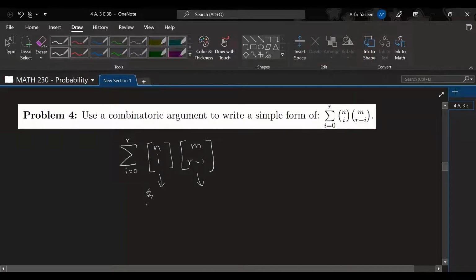So essentially, we are choosing a total of i plus r minus i out of n plus m objects, for any value of i that is less than or equal to r. It would go from i equals 0 to r, and we are choosing r objects out of n plus m objects.